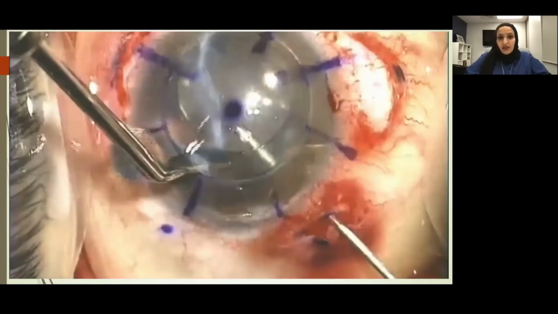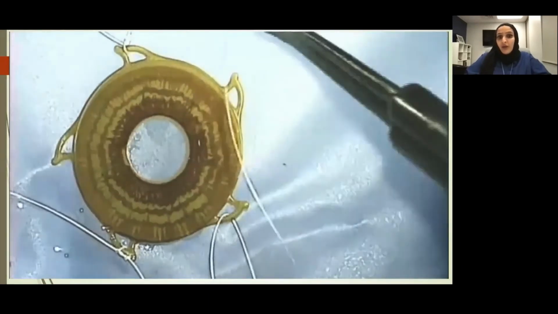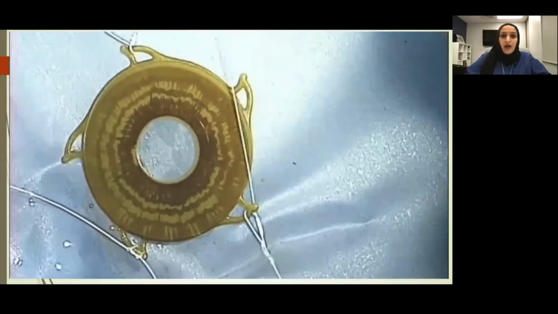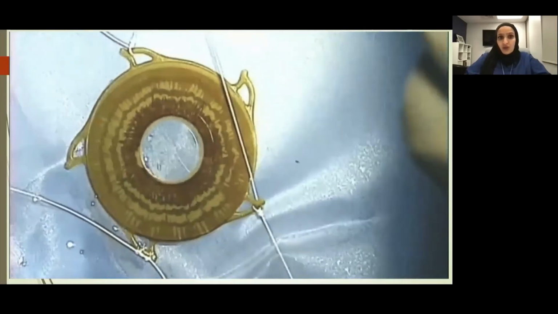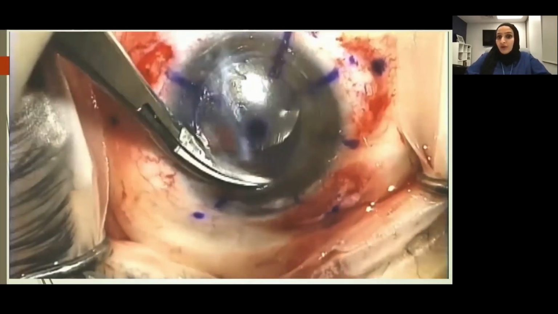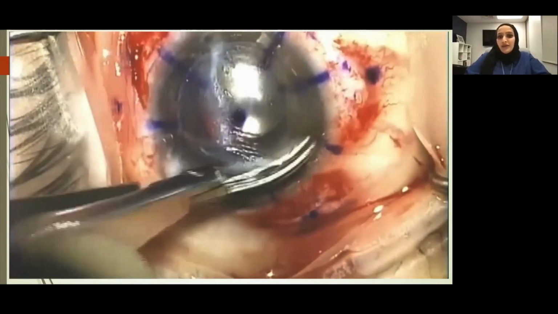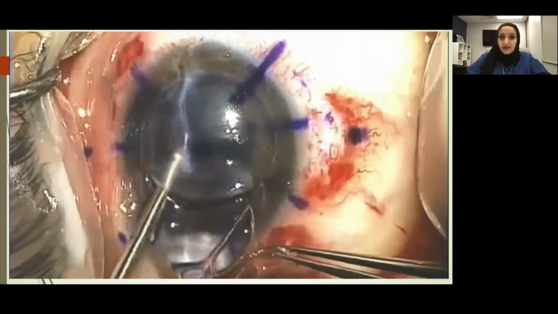So vitrectomy was done, and now we are preparing the Reaper iris lens diaphragm with Gore-Tex sutures, making sure that everything is ready, opened almost 5 clock hours, and then explanted the prolapsed intraocular lens outside.